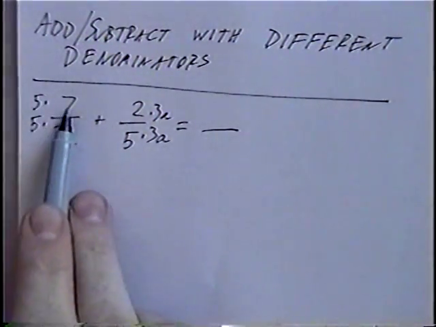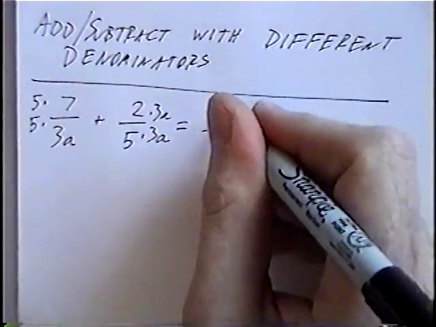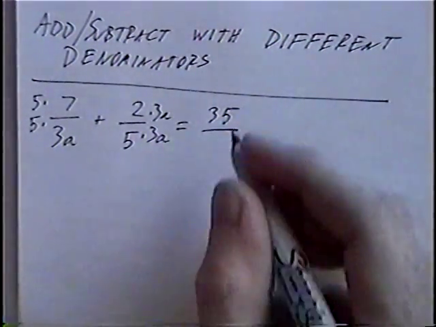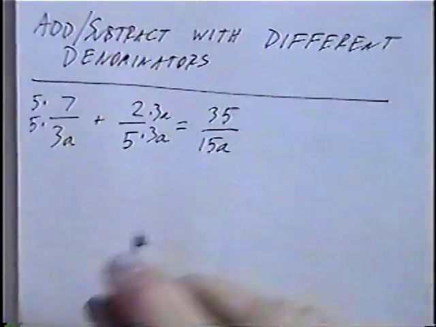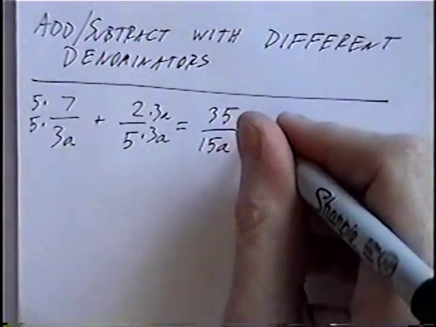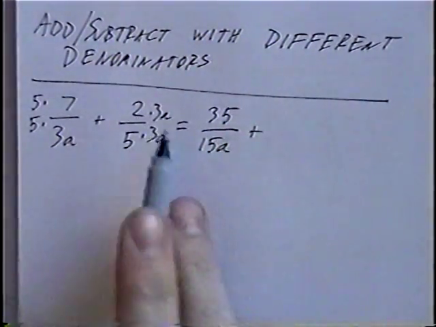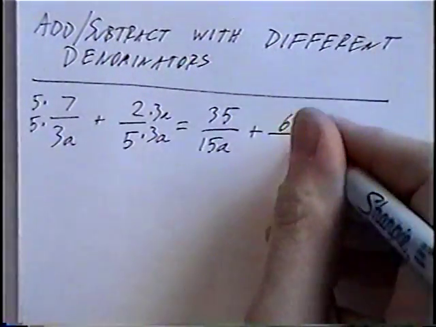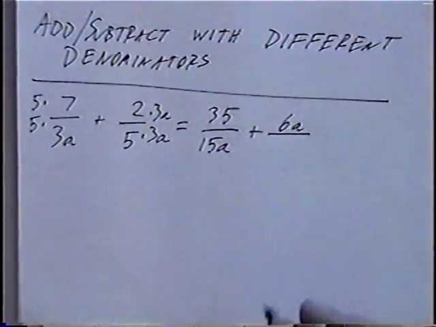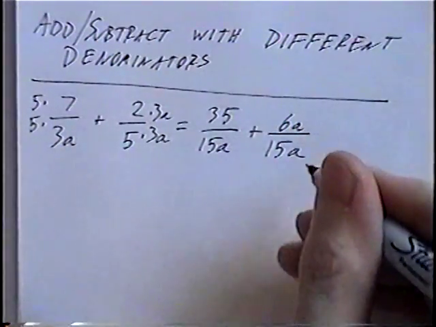Rewriting our question, we have 5 times 7, which is 35. 5 times 3 is 15. A comes after it. Plus 2 times 3a would be 6a. And 5 times 3a would be 15a.